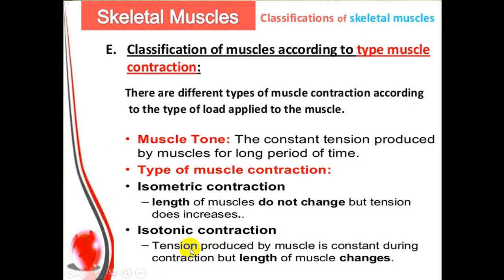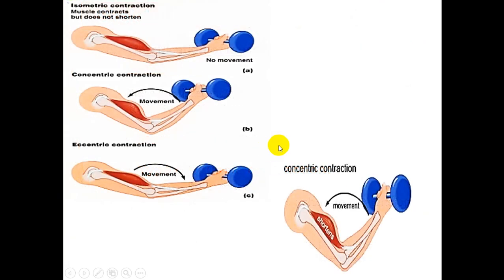Then we have isometric contractions, which are basically a rise in muscle tension without production of any movement, especially important in postural muscles when they are maintaining the upright position. Here in the diagram, we can also observe the isometric contraction, where the tone of a muscle is maintained without movement.